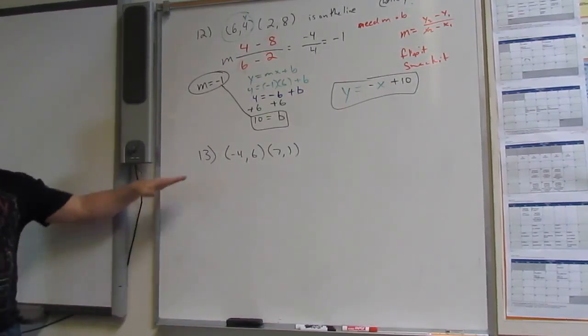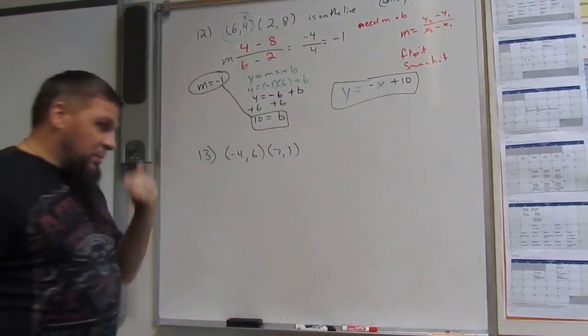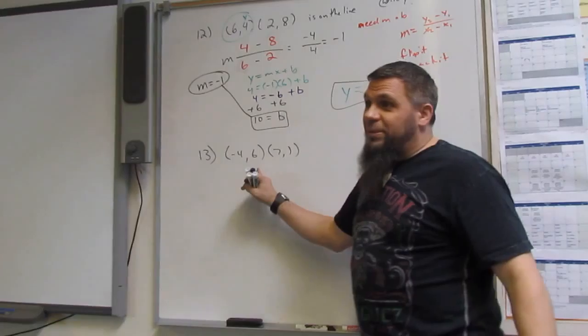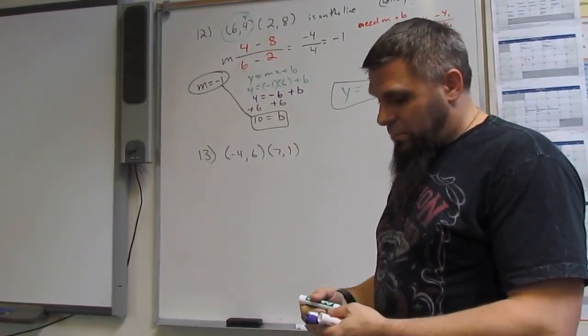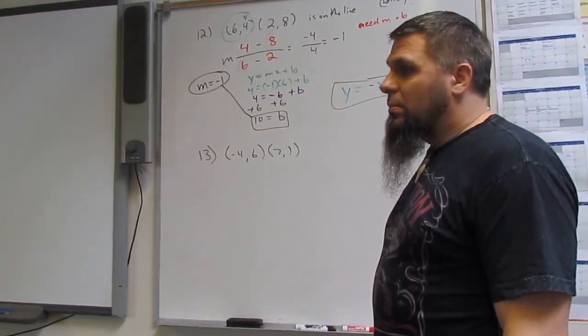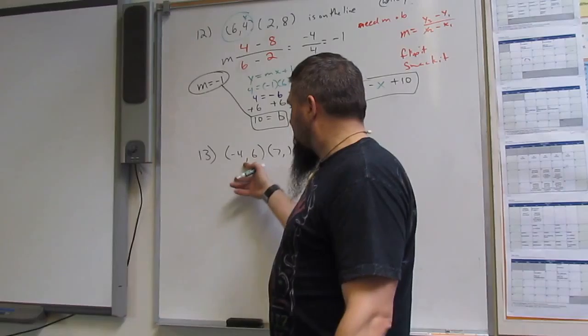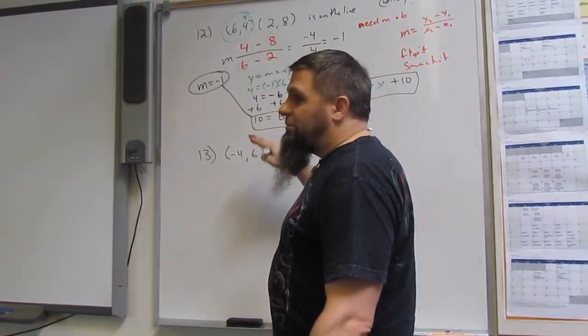Same thing for 13. Help me out with flipping it. If I flip this, what goes on the bottom, what goes on the top? 4 and 7 would be on the bottom.